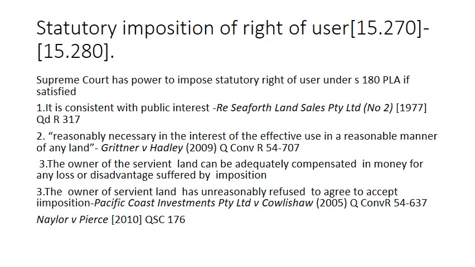I invite you to read section 180 of the Property Law Act, which in general terms allows the Supreme Court to impose a statutory right of use under that section, which would lead inevitably, if successful, to the registration of an easement for the dominant tenement over the Servian tenement. Just as with section 181, the court would look at the criteria set out in section 180.